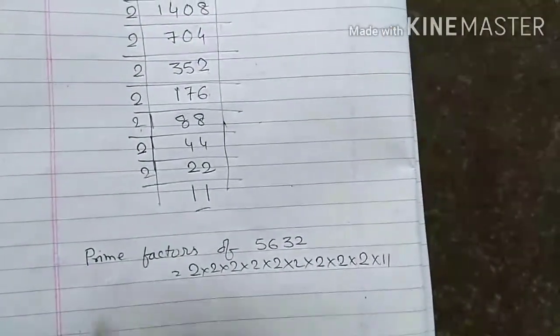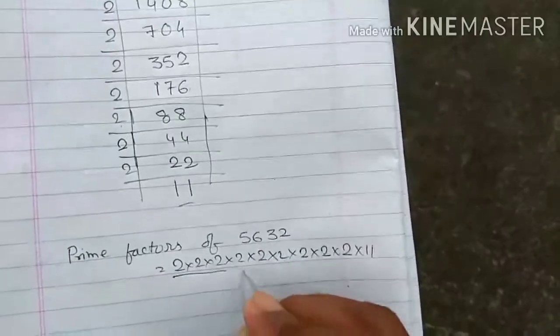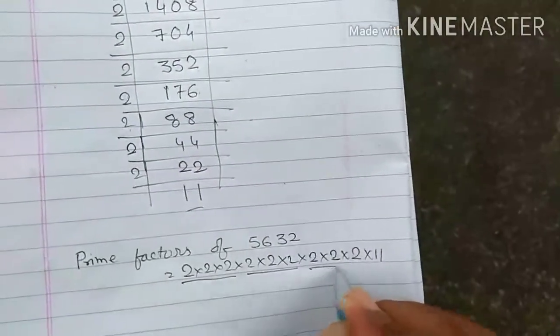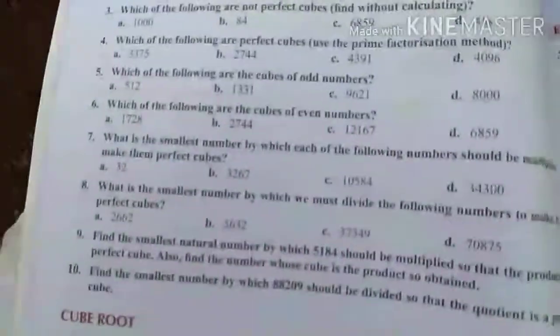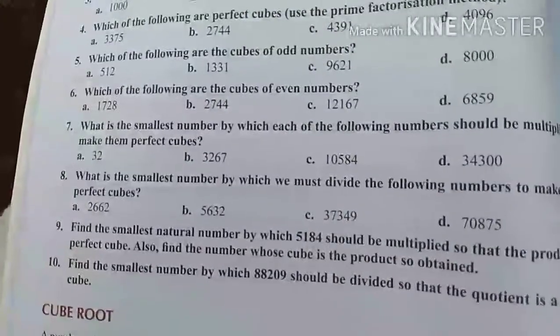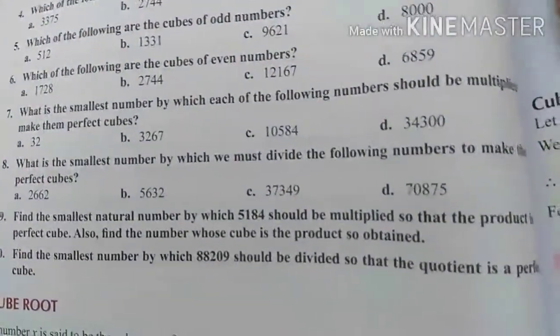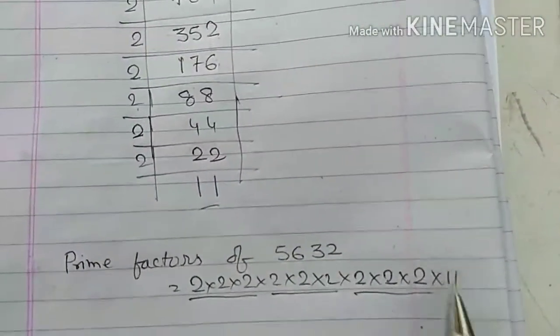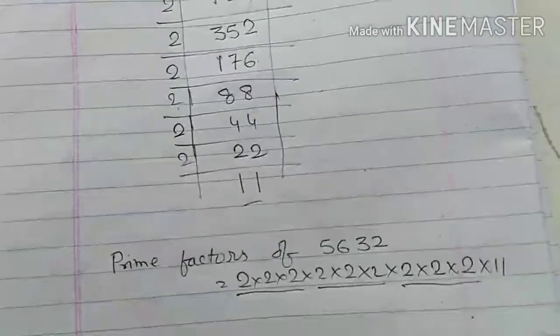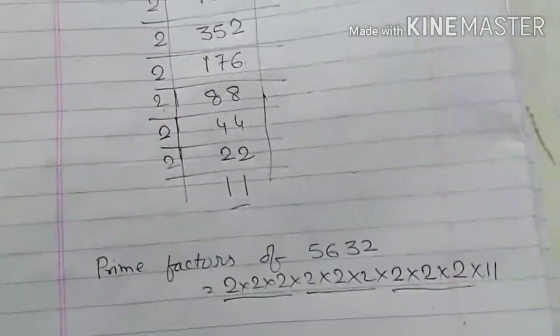Okay, so look here, these 2s are in the form of triplets. So what is given? Question number 8 asks for the smallest number by which we must divide the number to make it a perfect cube. So if we divide this number by 11, it becomes a perfect cube.